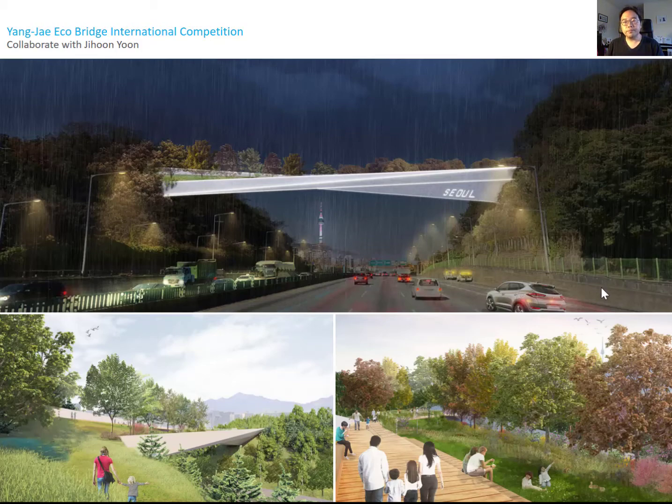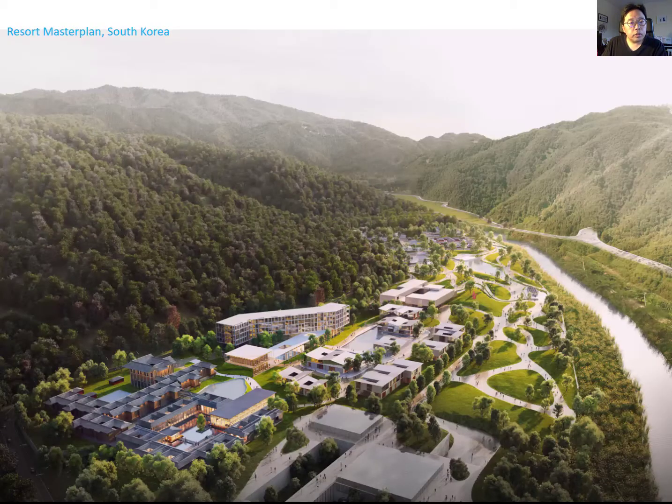So for the next project, we also proposed the master plan for a historical heritage site in Korea. The client and city wanted to mimic the actual Korean traditional style and follow the traditional structure method.